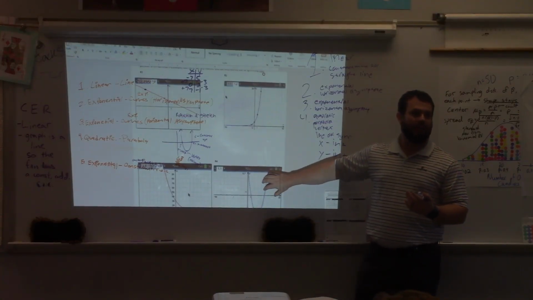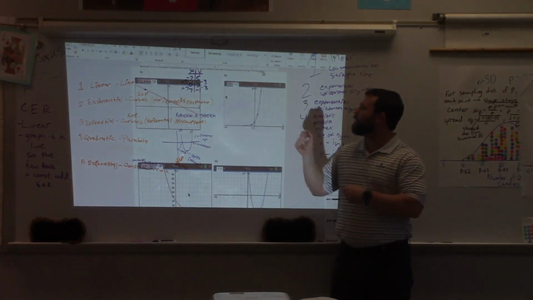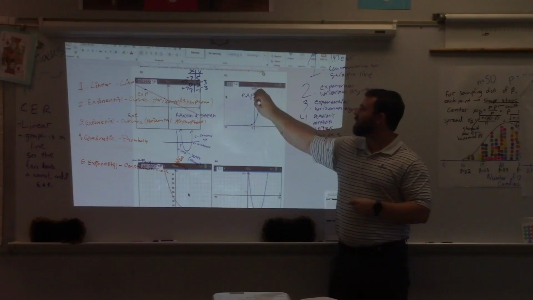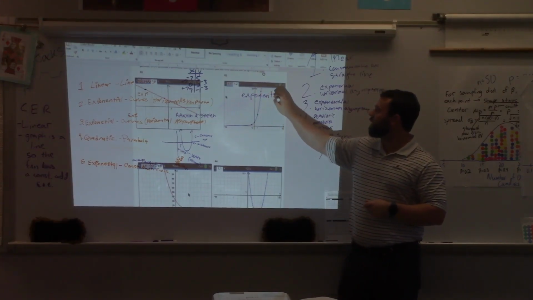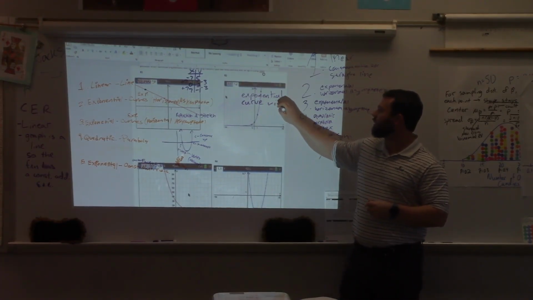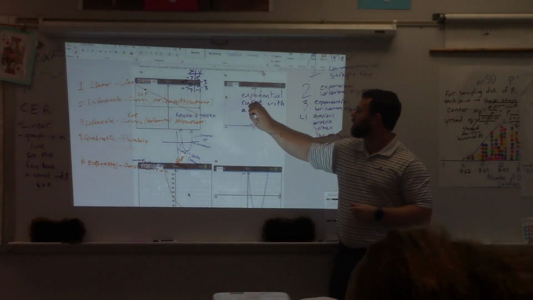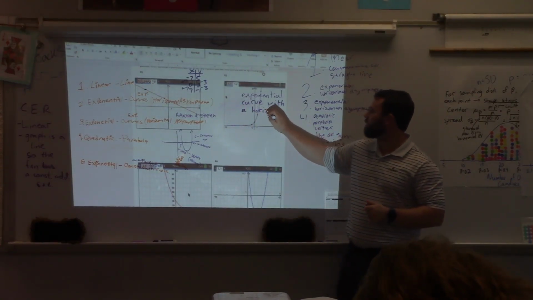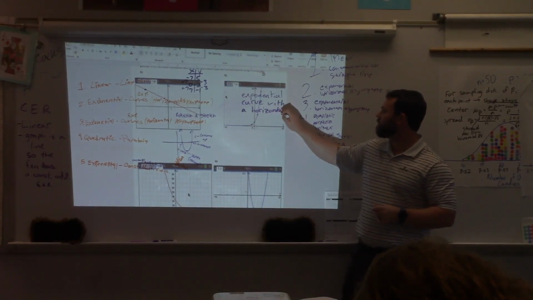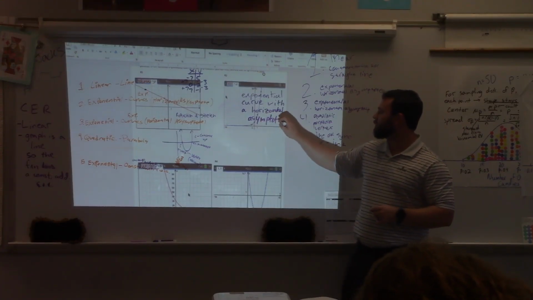Because that curve is a parabola. These curves are exponential curves, okay? So when you're looking at numbers 2 and 3, this is an exponential curve. And what is something that a lot of people are saying that has an asymptote? With a horizontal asymptote. And so that's how we know these two are exponential.